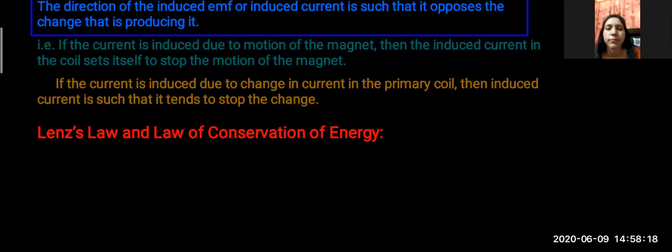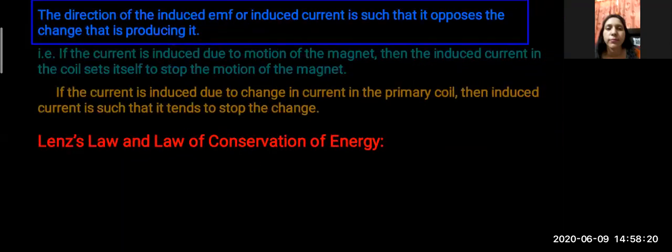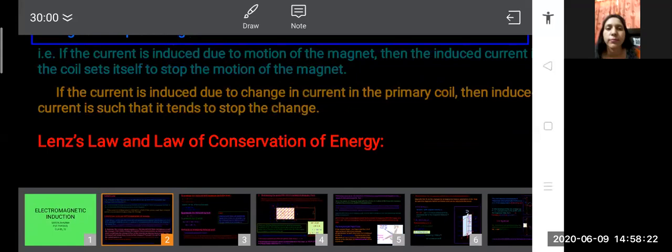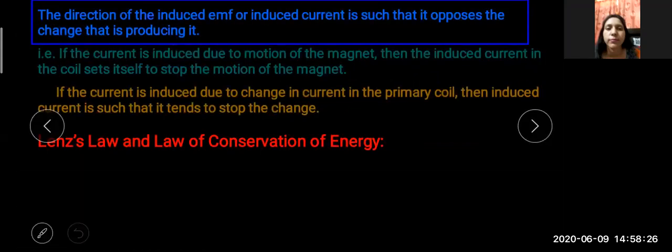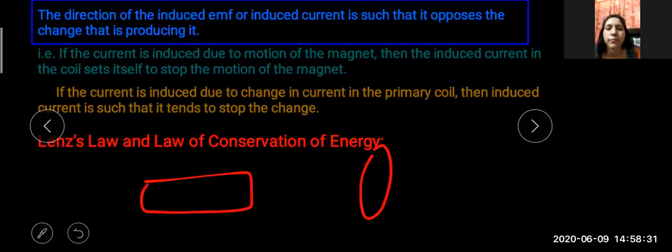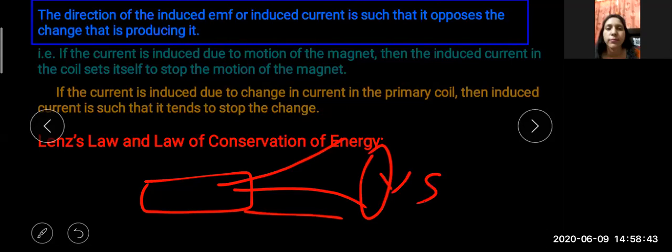Okay, this is the bar magnet. This bar magnet is taken towards the coil. Magnetic flux linked with this coil increases, and induced current is set up in this coil. So this becomes south pole and this becomes north pole.